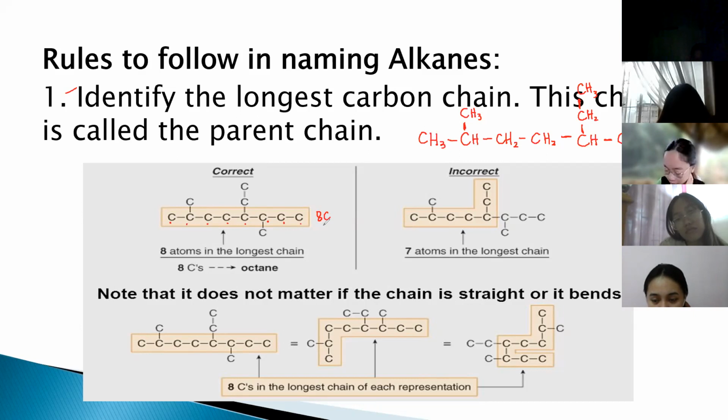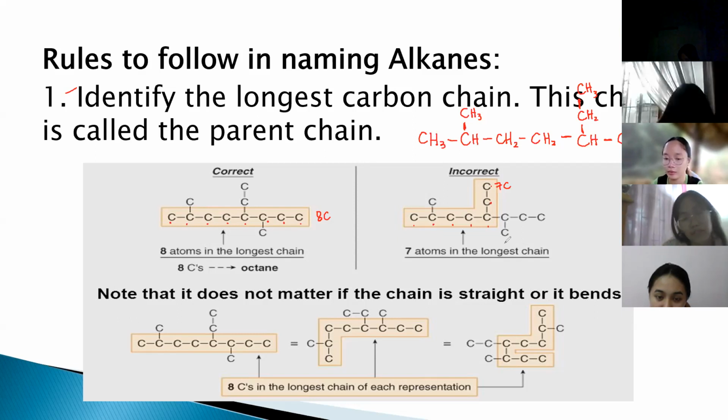Now let me try to liliko tayo papunta sa taas. Go on top. We have 1, 2, 3, 4, 5, 6, 7. So we have 7 carbons here. Pag ang counting ko is not a straight chain, instead liliko tayo papunta sa taas.